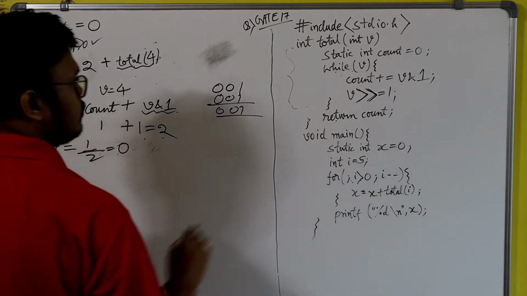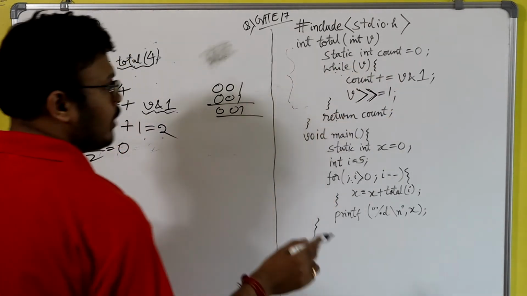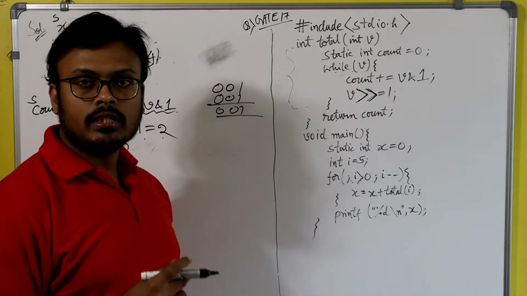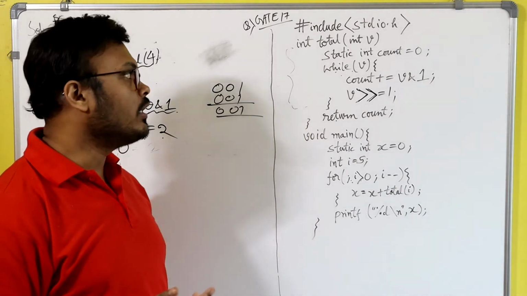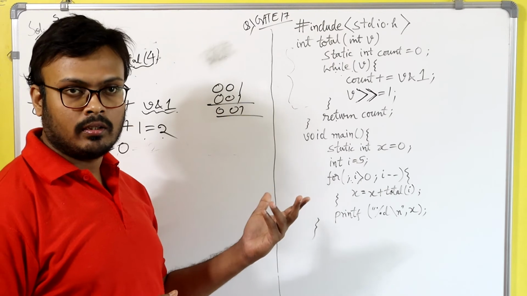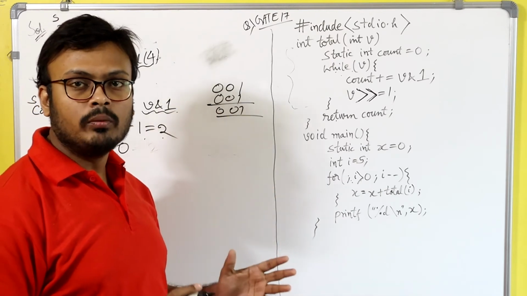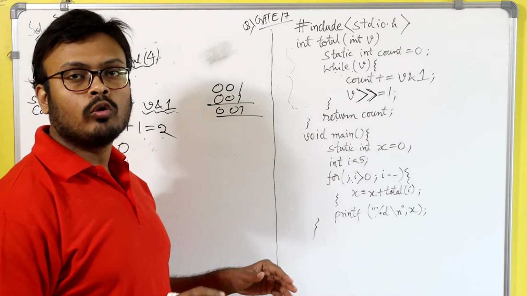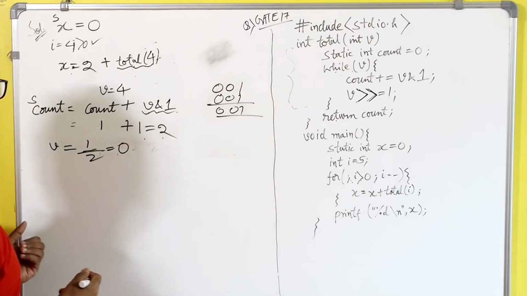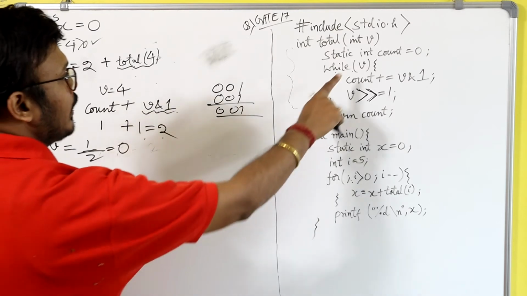So now static int count. I have already told you at the beginning that the static variable is initialized only once. Okay, so whatever the value of the static variable was previously, the value will be retained. You are not going to initialize it again. Fine.